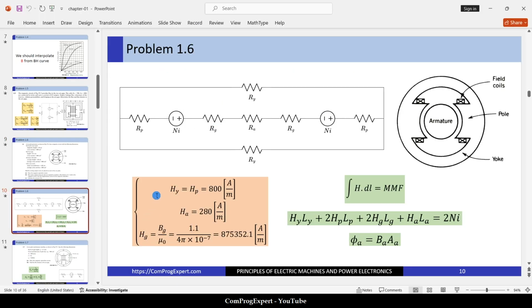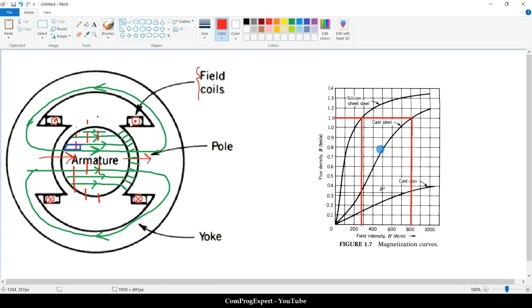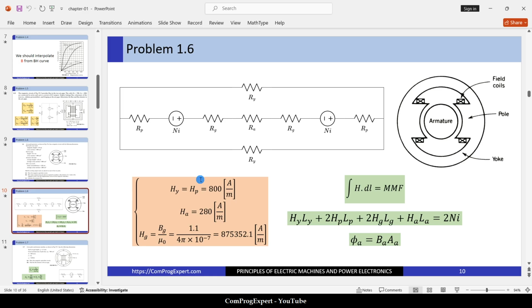We interpolated these values considering these HB curves. So how much is the value of the magnetic field intensity in the air gap? The aim is to have 1.1 Tesla in the air gap. So 1.1 Tesla divided by mu 0 is equal to this one. This is the value of H in the air gap.